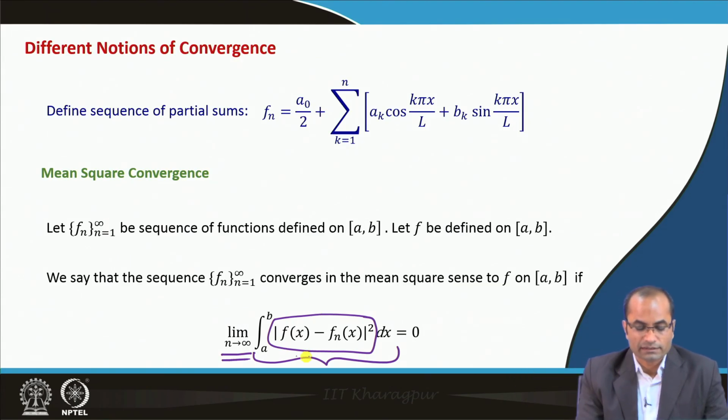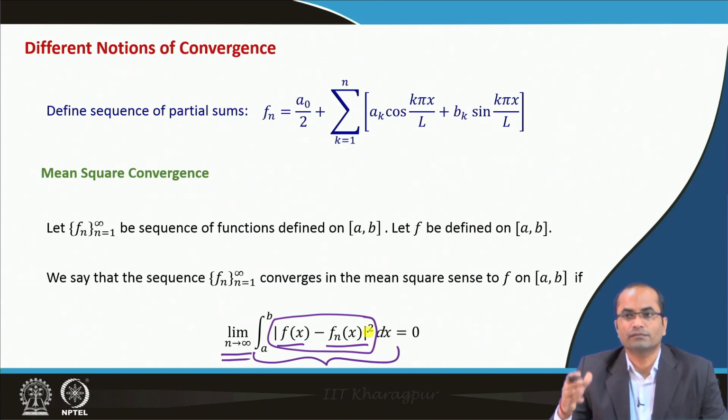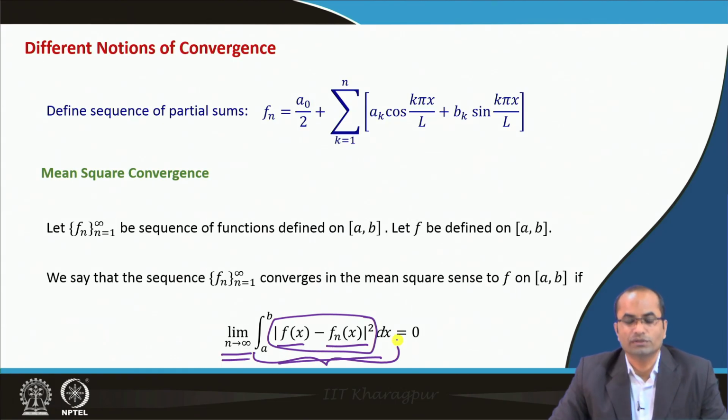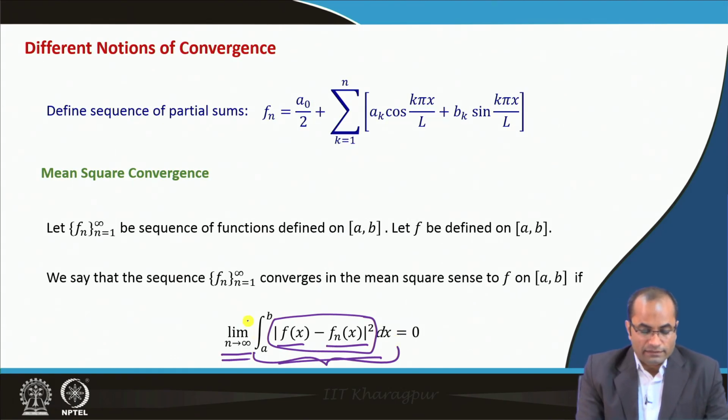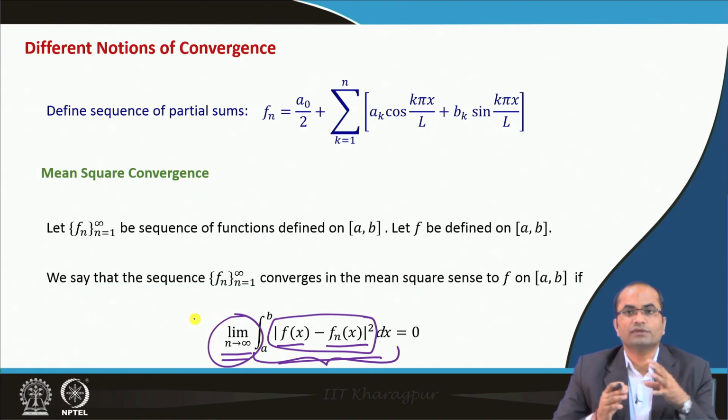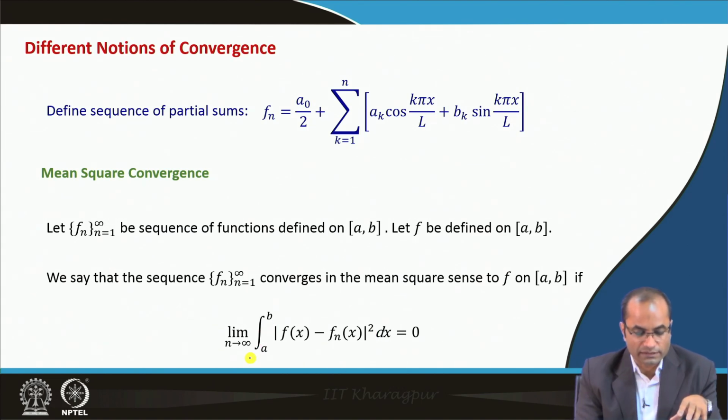So though f(x) and f_n(x) may differ marginally at finitely many points, still this integration may be equal to 0. And exactly this is what we call a weaker form of convergence. Still we are naming it a convergence, but in the integral sense, because we are discussing here that this integral goes to 0 when n approaches infinity.